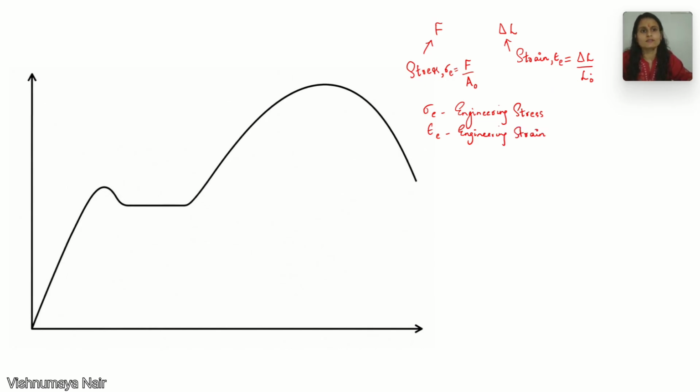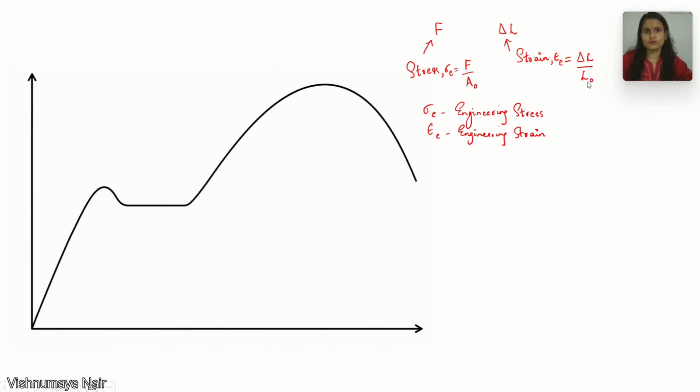We are not using the instantaneous length for calculating the strain value. We will be using the initial gauge length, because as we stretch the specimen, the length increases. So instantaneous length varies from point to point, but we will be considering the initial length.